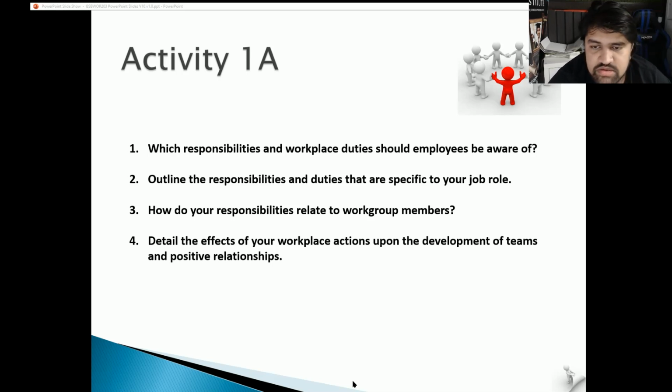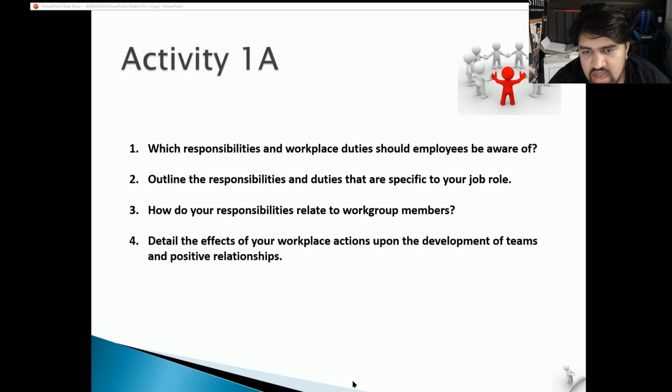Are we using software? Are we using logbooks to take down information? Are we stock taking? Are we receiving and storing stock? So as a chef, there's so many job roles. It just really depends on what section you've been given, what responsibilities you have in your job role.